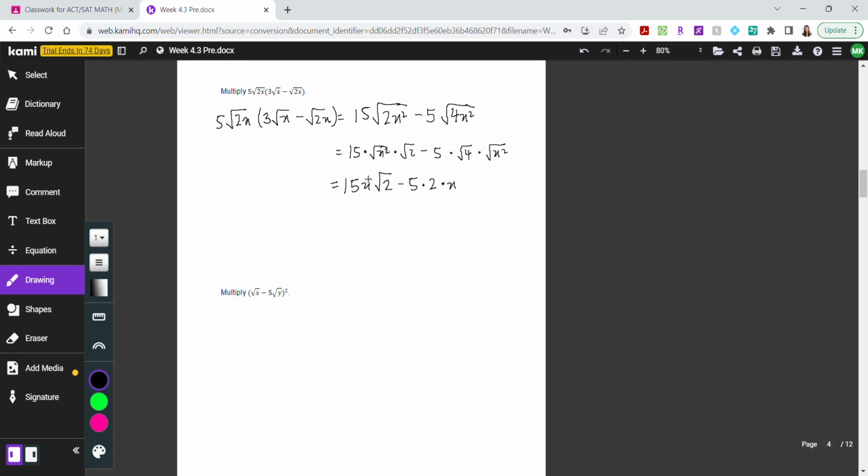All right, this could be square rooted to give us x. This can be square rooted to give us 2, and this can be square rooted to give us x. And from here, let's complete it all the way. So our final solution would be 15x square root 2 minus 10x.